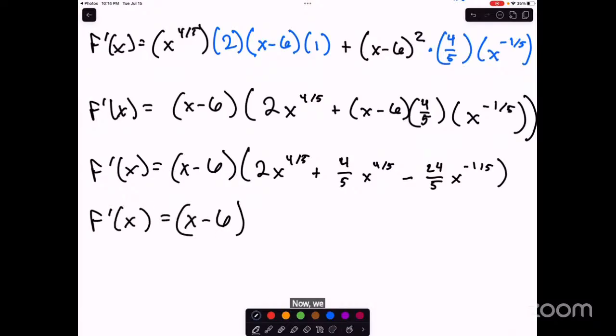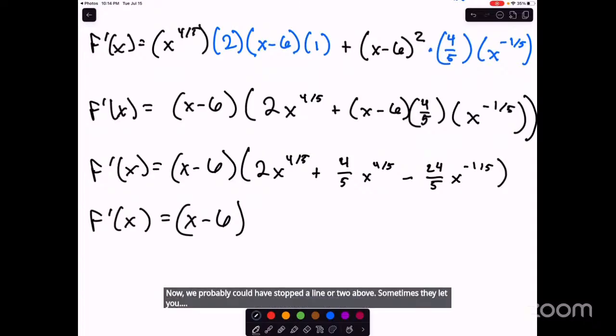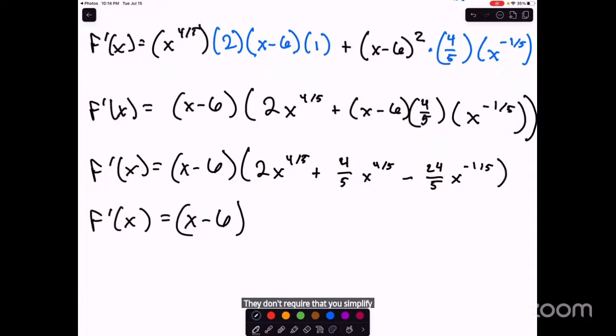Now, we probably could have stopped a line or two above. Sometimes they don't require that you simplify it. I'm just trying to simplify it. Let me see. 4/5, 2/1, 5 times 2 is 10, so that's a 14/5. It's 24/5 x to the negative 1/5.